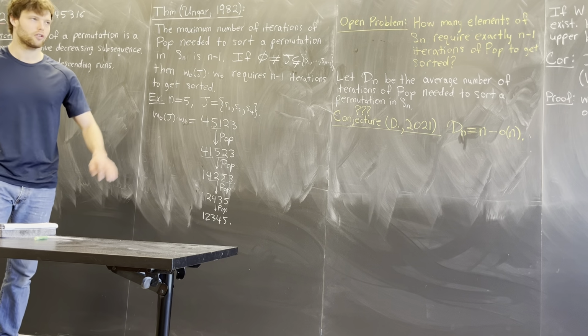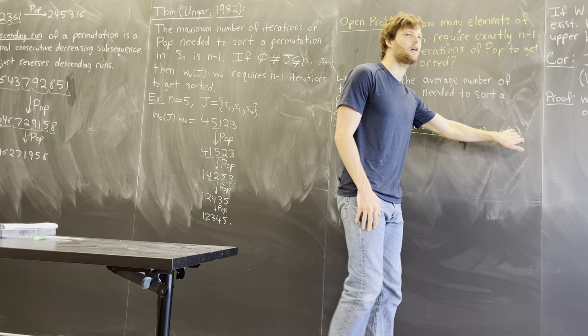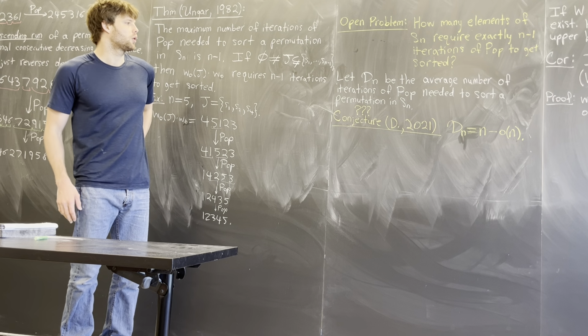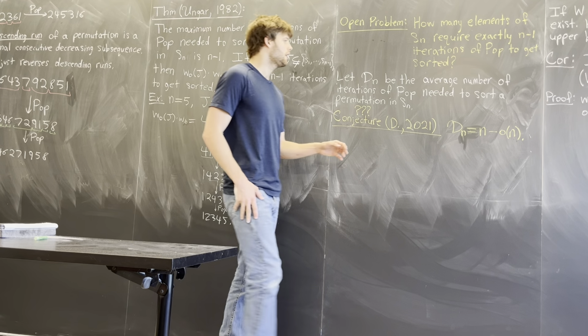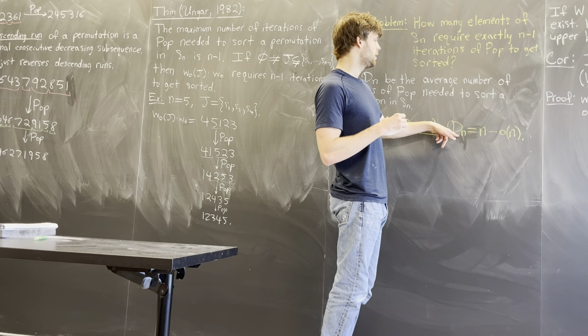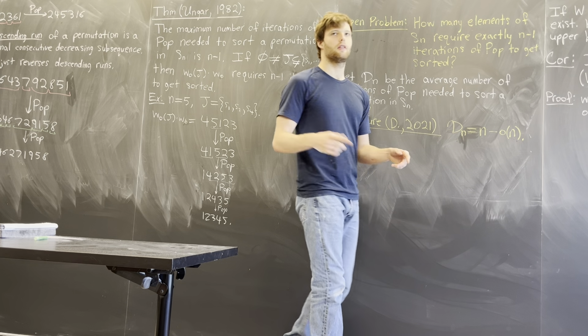So I'll just remind you what this means. This basically means it should be n minus some quantity that is lower order than n, or a better way of saying this is if I take n minus dn, then divide that by n, that should go to 0.